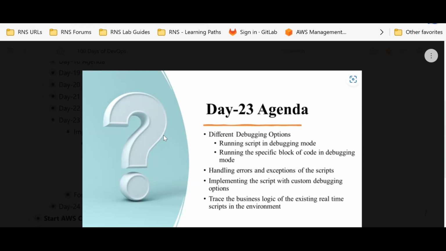Whenever we have existing scripts and infrastructure, how do we analyze the business logic behind them? And if you have any errors, how do we identify them on the functionality side or business logic side? That is important, and that is how we start the analysis.